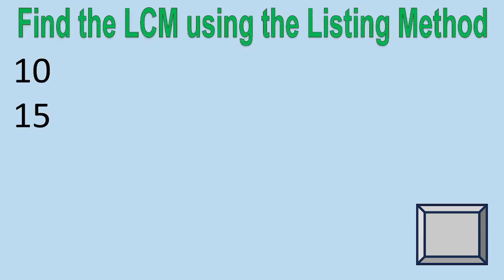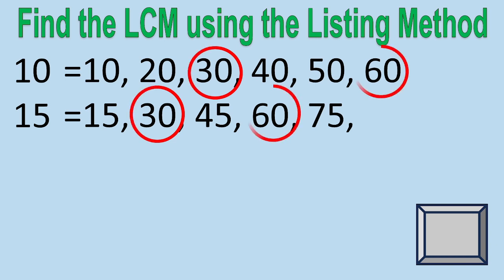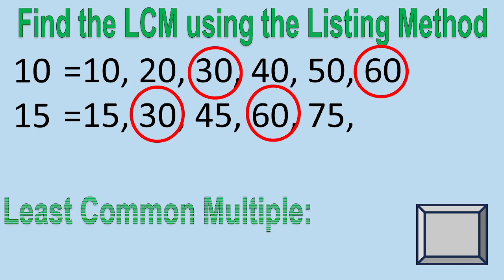Another, 10 and 15. Time's up. The answer is so, the least common multiple is 30.